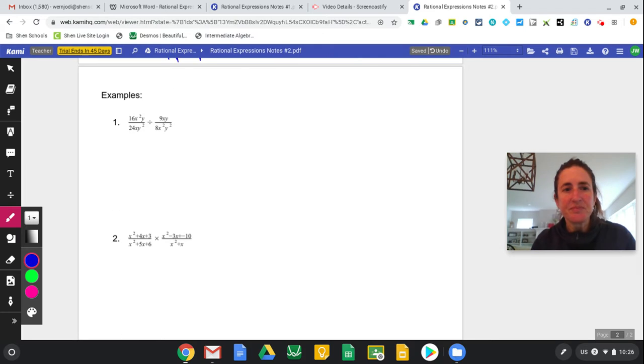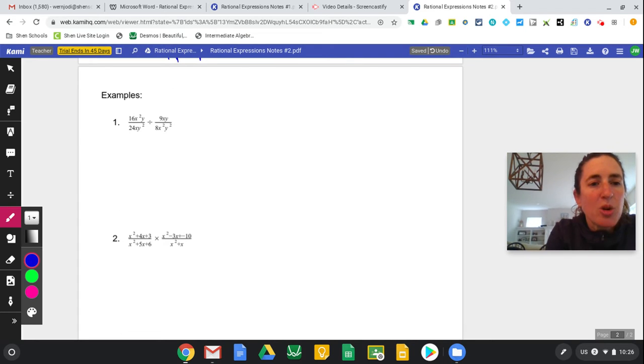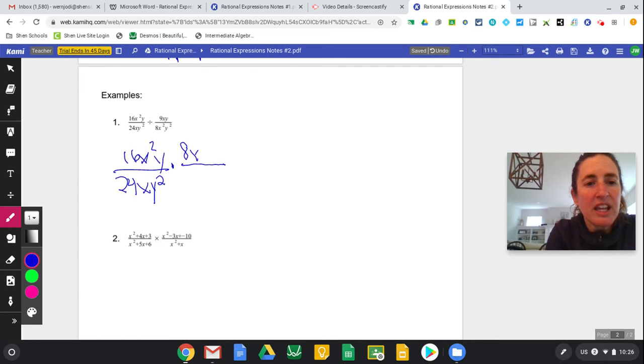Okay, here we go. First one's a divide. So I'm going to keep it as 16x squared y over 24xy squared. Change and take the reciprocal. 8x squared y squared over 9xy.